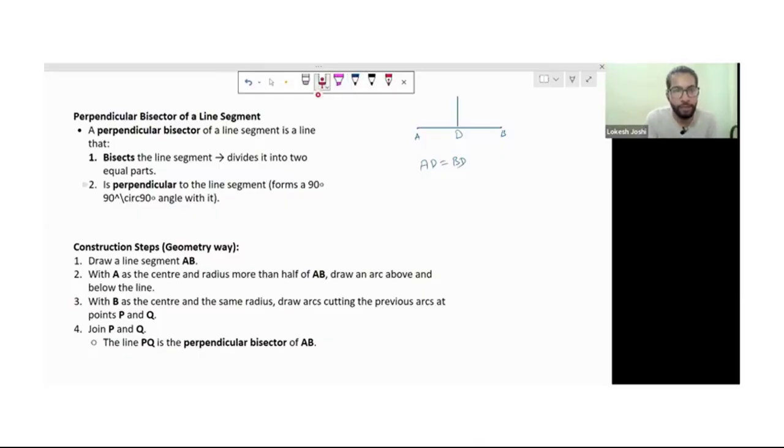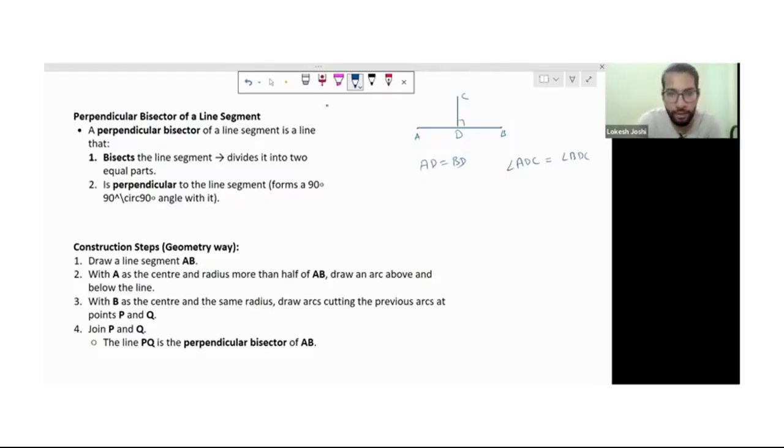Now it is perpendicular to the line segment, which means the angle formed there should be 90 degrees. Suppose this point is C, so angle ADC should be equal to angle BDC. That's the meaning of the perpendicular bisector of a line segment.